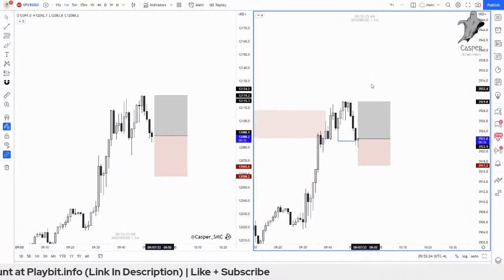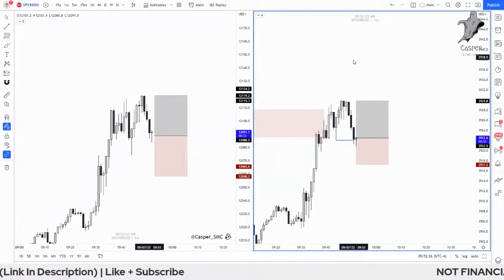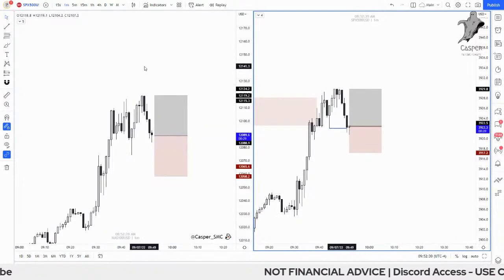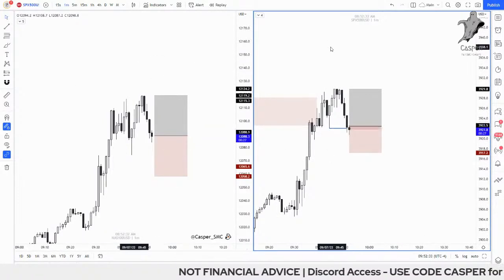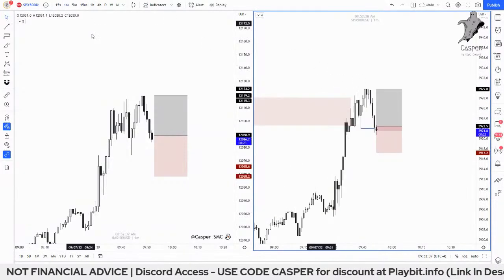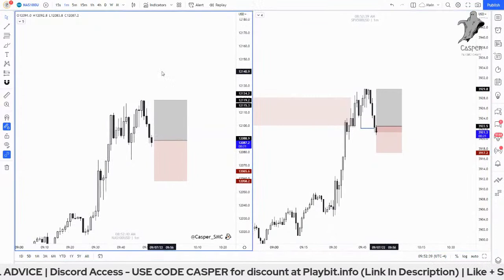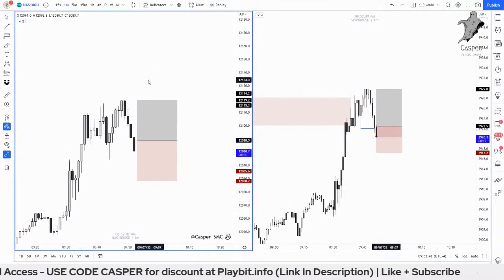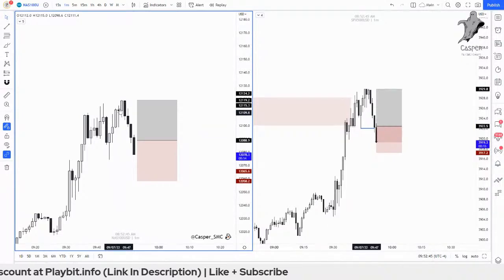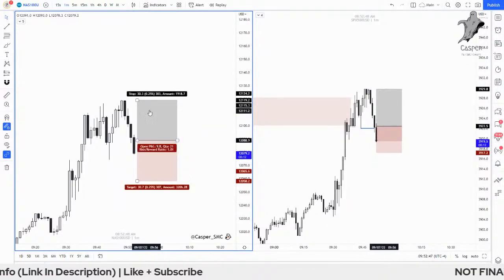I wanted to take the NASDAQ over the S&P because we ended up getting above this now. It's not really the S&P anymore. So now we're starting to see that displacement.